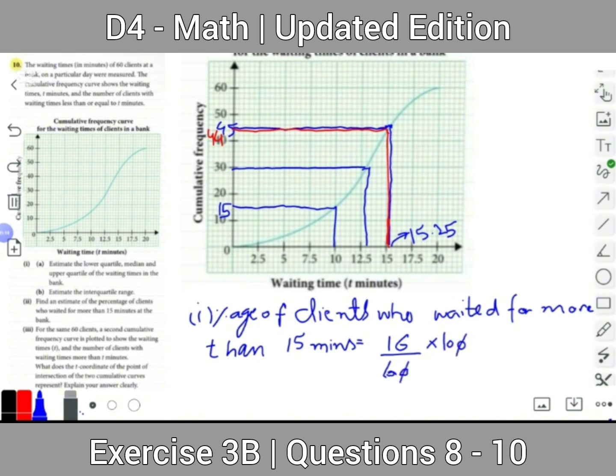So this 0 cancels with 0. With the table of 2 we have 2 5s are 10 and 2 3s are 6, and here we have 26.7%. So the percentage of clients who waited for more than 15 minutes is equal to 26.7%.